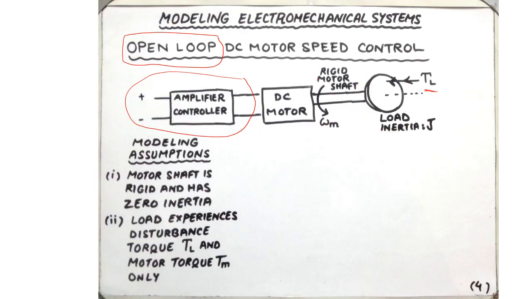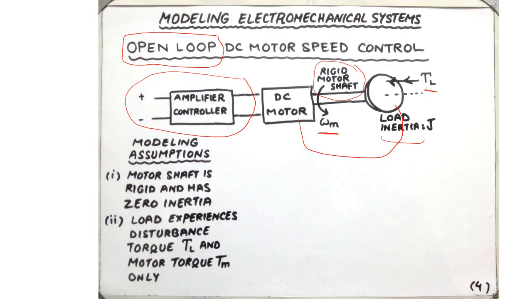We say that if the DC motor is rotating in one direction with some angular velocity omega m, and if we make an assumption that the motor is rigidly connected to the load over here through a rigid shaft, so we're assuming that there is no twist in the motor shaft, then the DC motor is essentially coupled to the load.